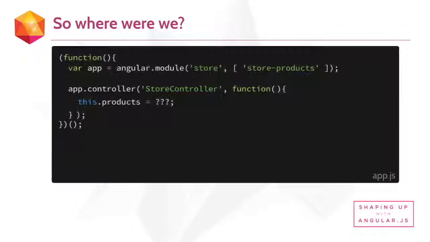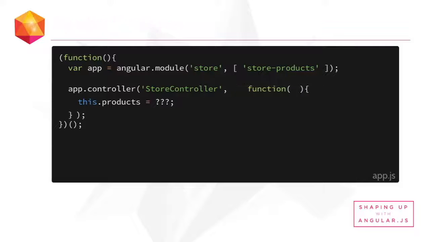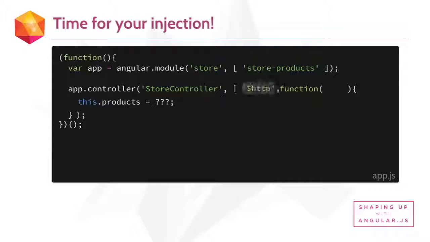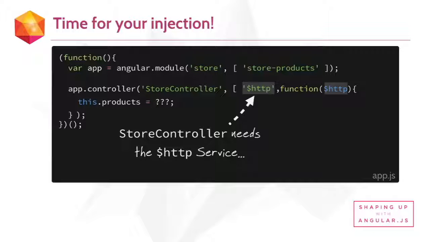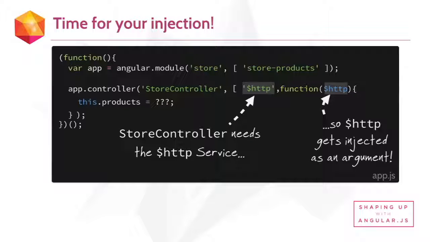So here we are back in our store controller. And we need that $http service. So we use that weird array syntax and we specify $http there as a service it needs, and then we specify $http as an argument. Now we can use it inside our controller.